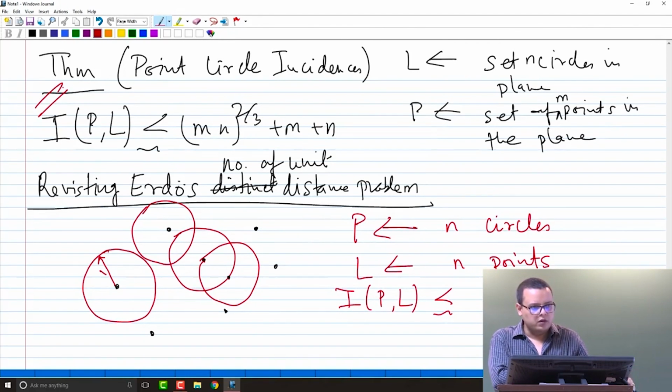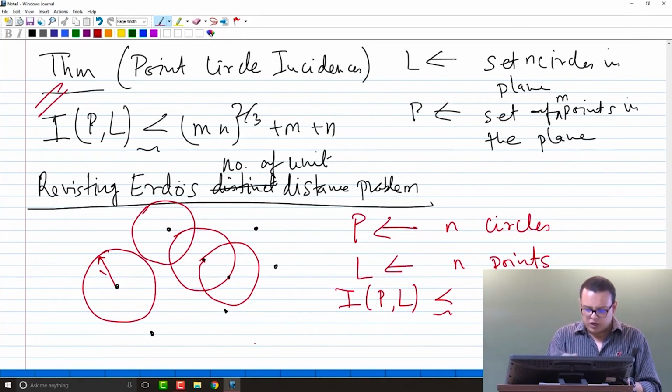Okay. My claim now is that the number of pairs of points that are exactly unit distance away from each other is I of p comma l by 2. So, what we use is the term un, right. So, un for this point set is exactly I of p comma l by 2.